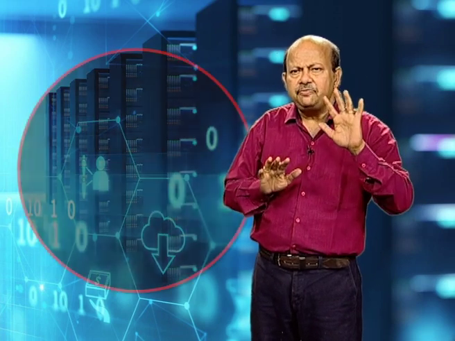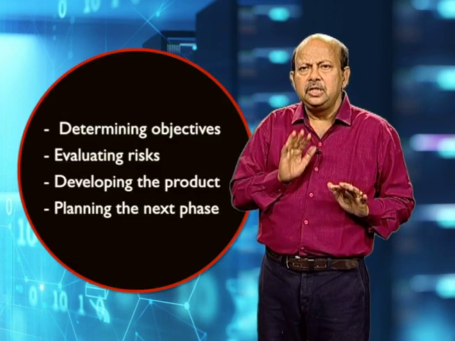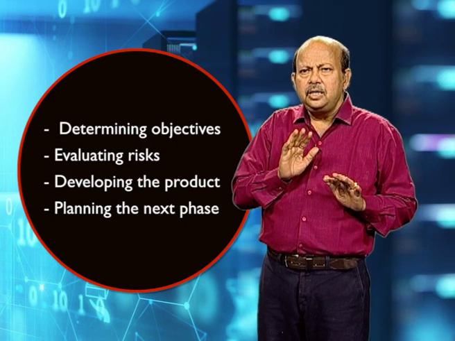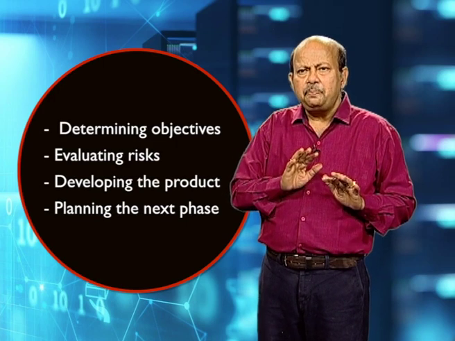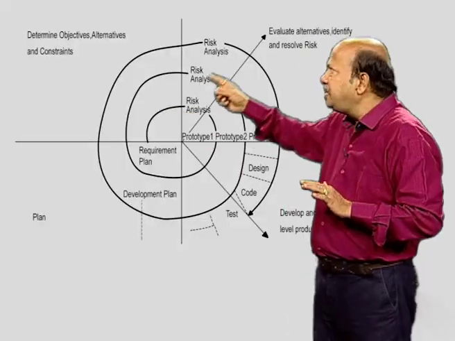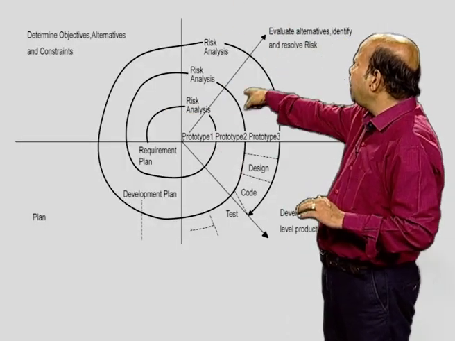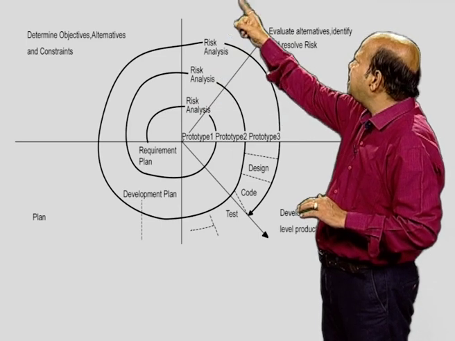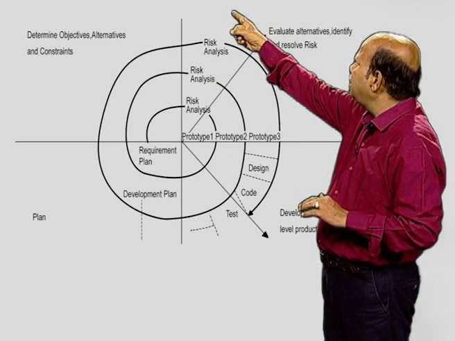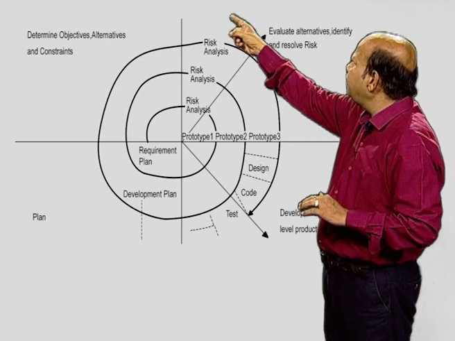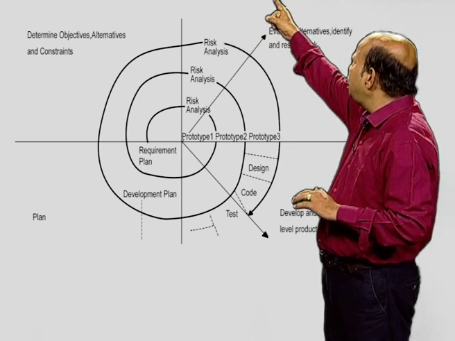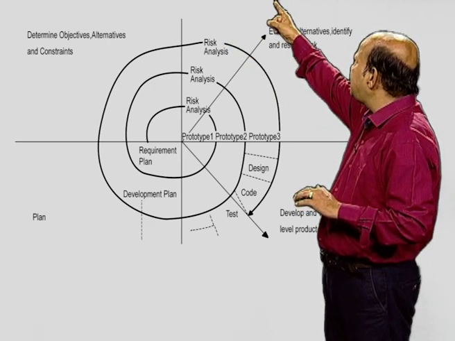What are the stages? First is determine the objectives, evaluate the risk, develop the project and plan for the next one. This is the spiral. You see, there are many spirals in the model. So, in the first stage, you fix the objective, decide the objective, constraints, everything, and then move to the second stage. What is the second stage?